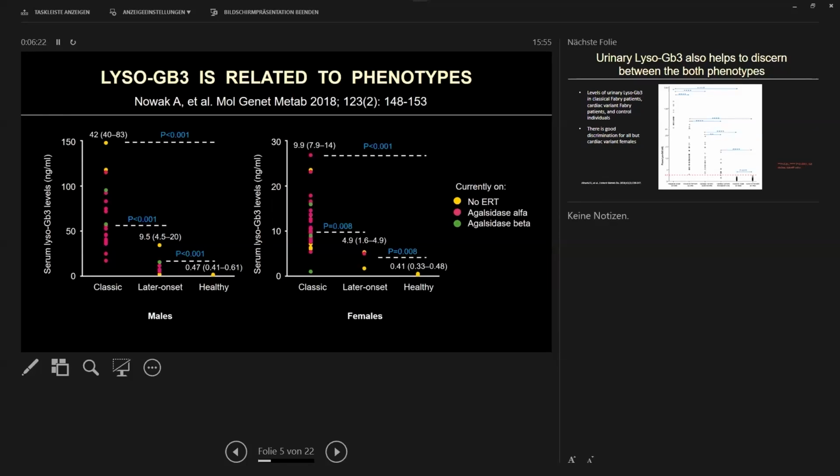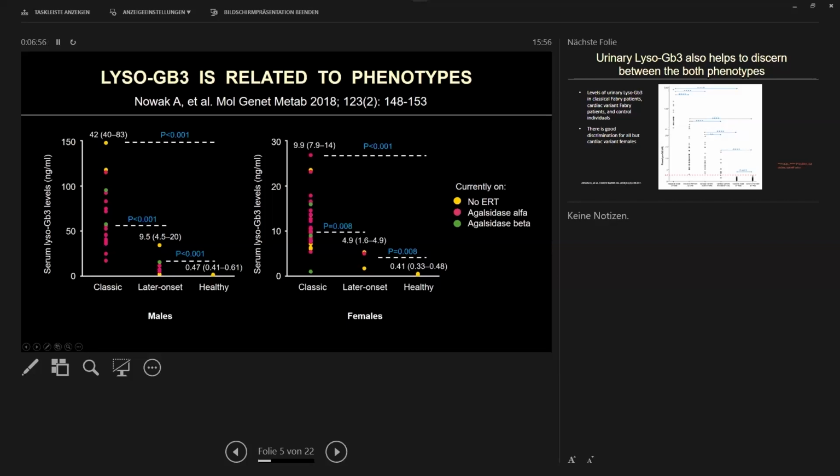Lyso-GB3 is related to the phenotype. I heard in your discussion before that you were discussing the 2 phenotypes, the classic phenotype and the later onset phenotype. And on this diagram, I'm showing the Lyso-GB3 levels in males and females in classic, later onset and healthy control groups.